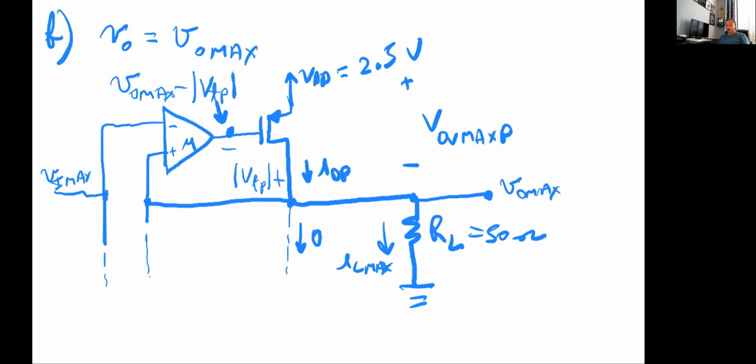So that's the situation that we experience when we're getting the maximum voltage in the topology.